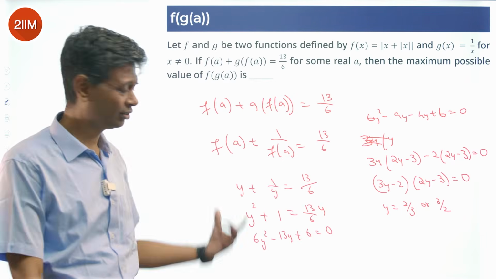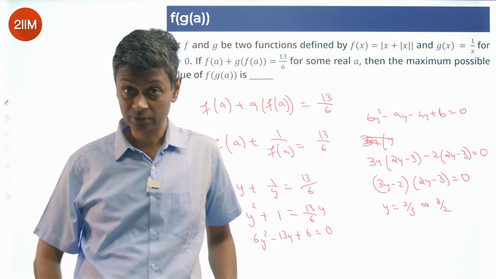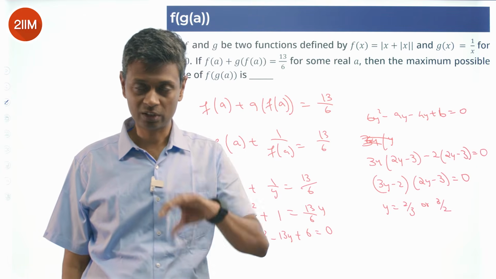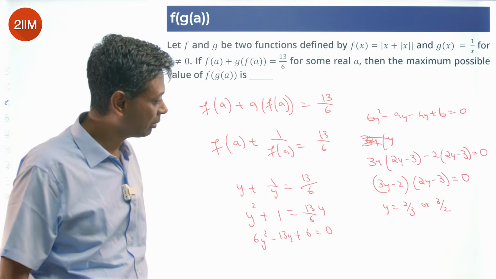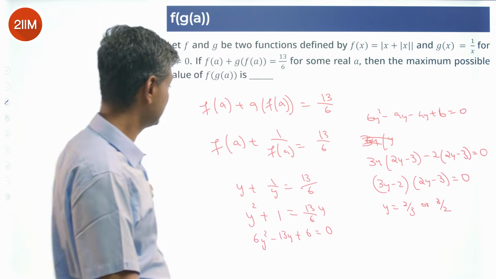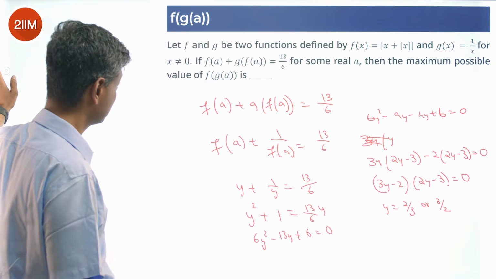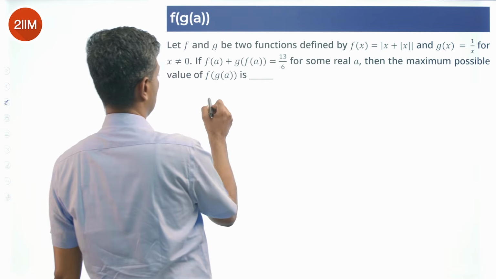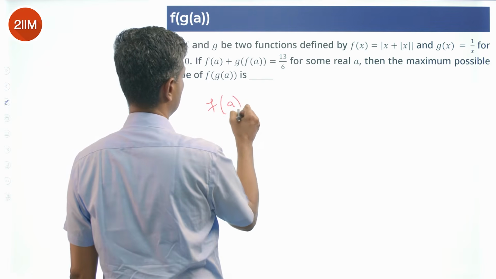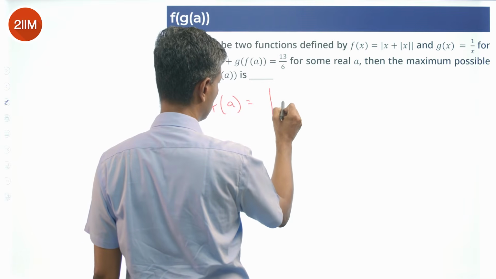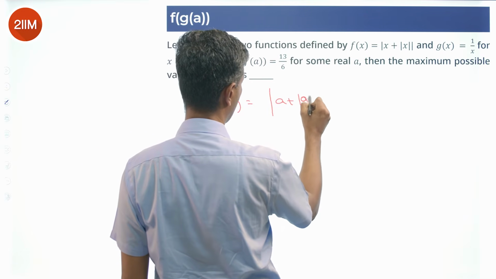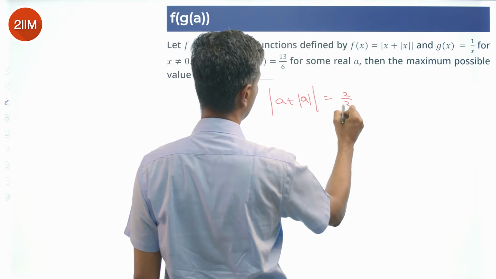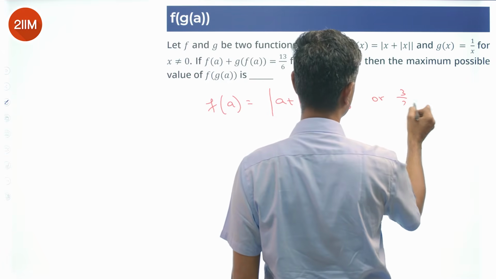Whenever you are solving for this, the roots will be reciprocals of each other. If y equal to k works, y equal to 1 by k will work. So something you just keep in mind. So 3 by 2 or 2 by 3. f of a is 3 by 2 or 2 by 3. So f of a, which is modulus of a plus mod a, is equal to 2 by 3 or 3 by 2.